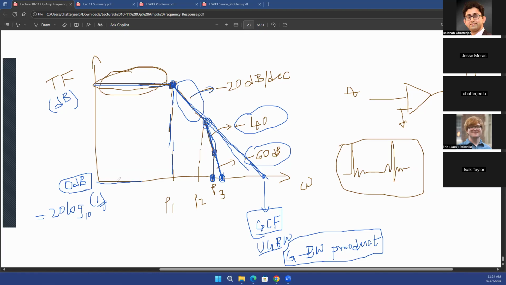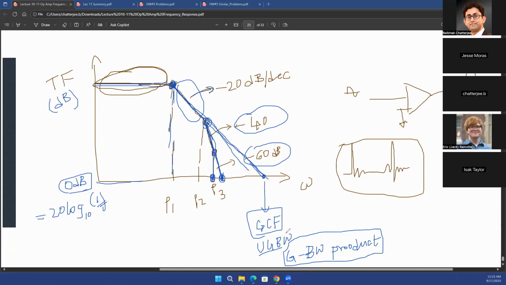So again, the purpose why I wanted to discuss this is that you should not get confused between these terms: what is gain crossover frequency, what is gain bandwidth product, and what are the implications if you have a first order system versus a higher order system. If you have multiple poles, then of course your gain crossover frequency and gain bandwidth product will not be the same.